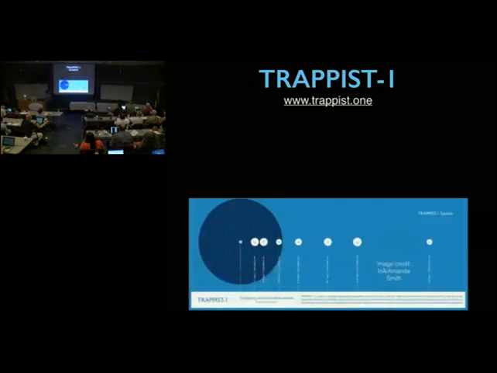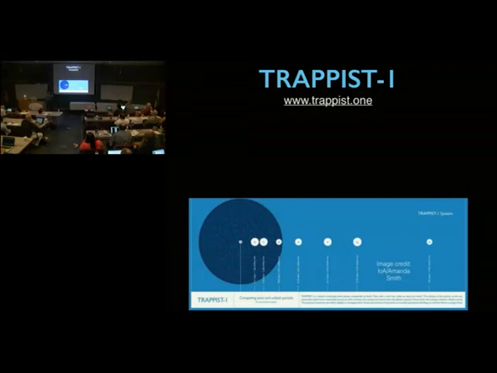Okay, so here is the TRAPPIST-1 system. The sizes of the objects are not to scale, but the distances between things are to scale. So we have the star, and then there are 7 planets in this system. Jesse mentioned this system earlier today.